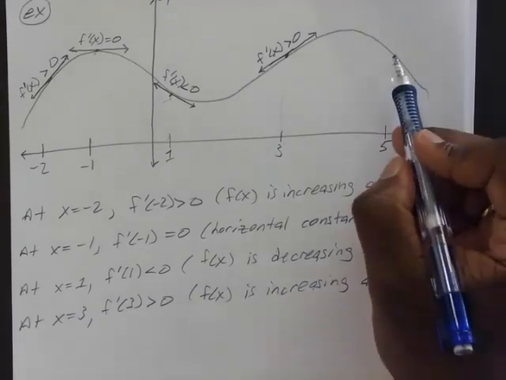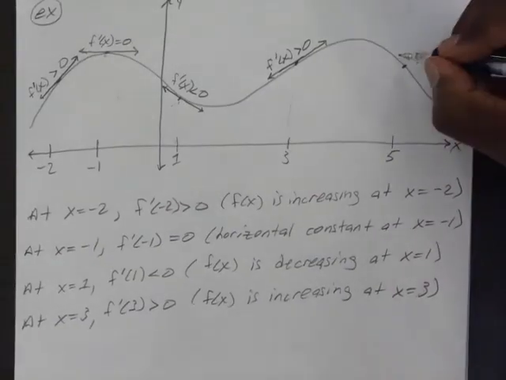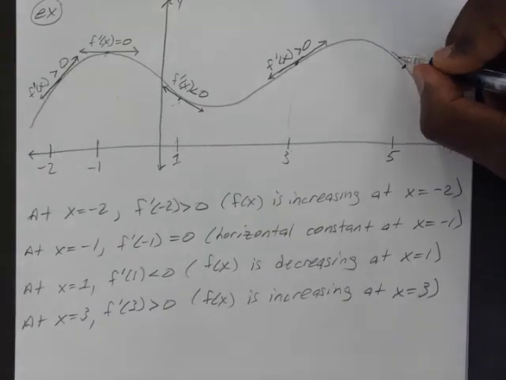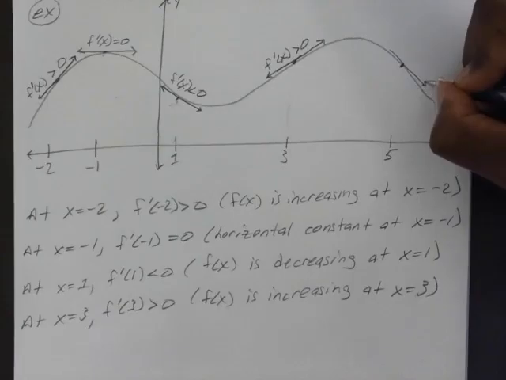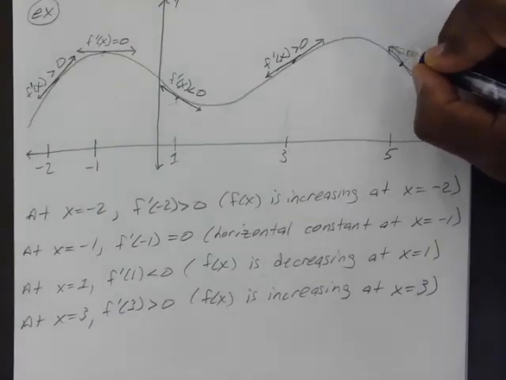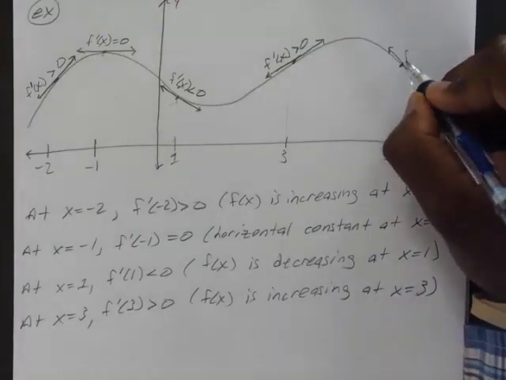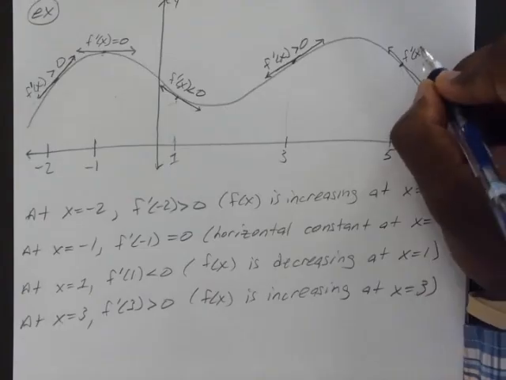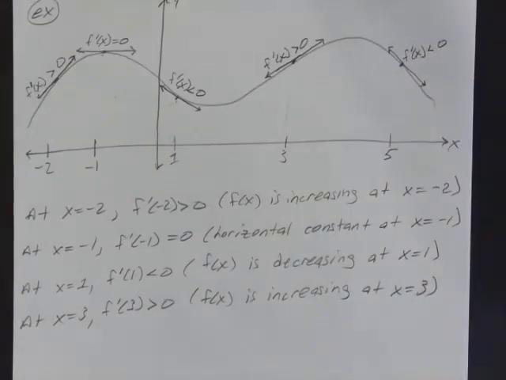Okay. Same thing at x equals 5. You can see our slope of the tangent line kind of going down and to the right. So since our slope of the tangent line is going down and to the right, we know that our derivative at that point is less than 0.